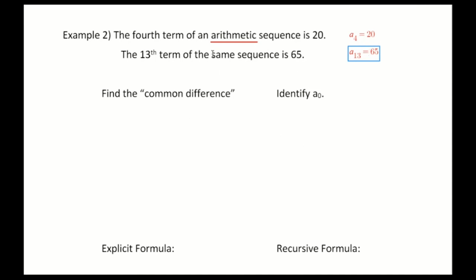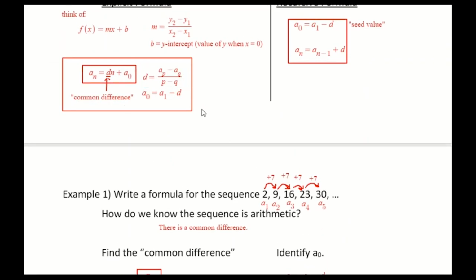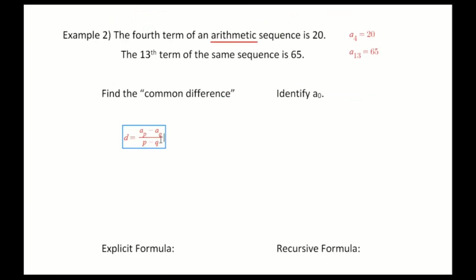The way we're going to find the common difference is really the same way that you would find slope if it was a linear function. It's the change in y over change in x. In this case, the change in the value of the term divided by the change in the term number. So d will equal, and I'll just copy this real quick, a sub 13 minus a sub 4 over 13 minus 4.